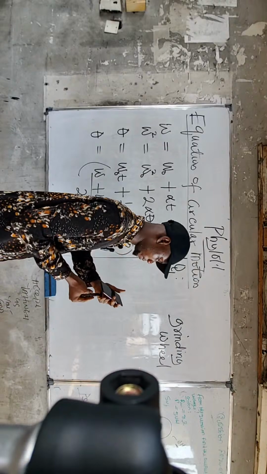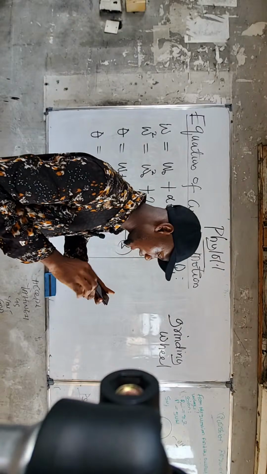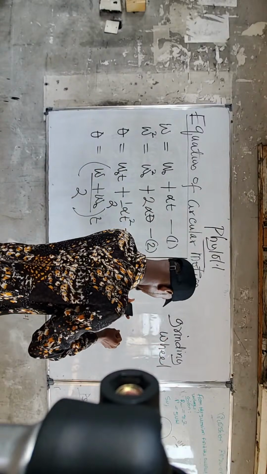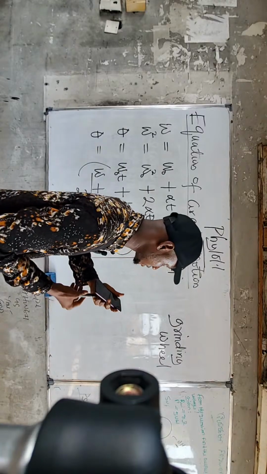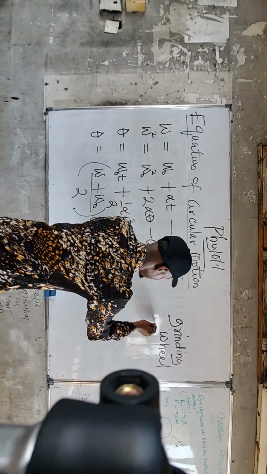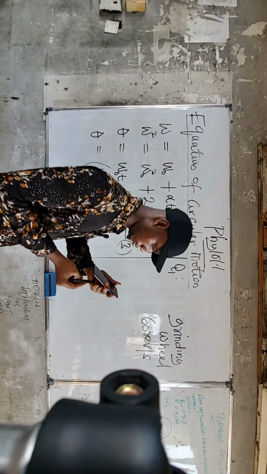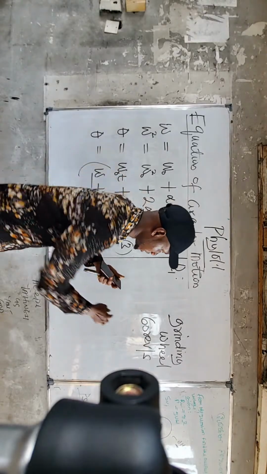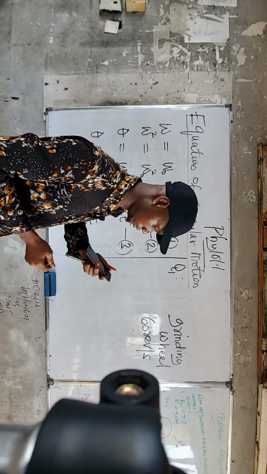Let me repeat myself again. What is the angular acceleration of the motor of a grinding wheel if it rotates at 60 rev per second for 80 seconds?